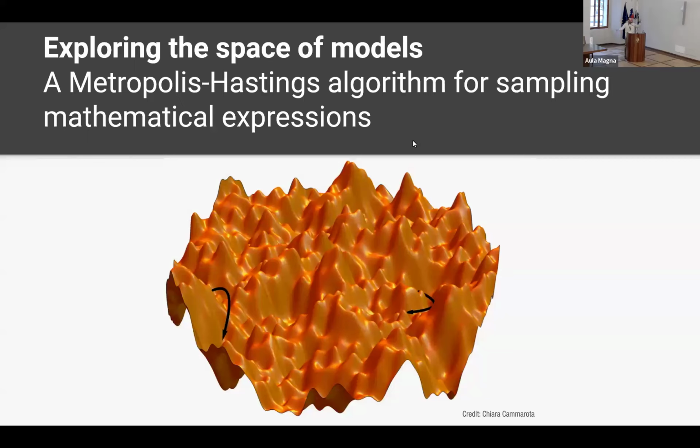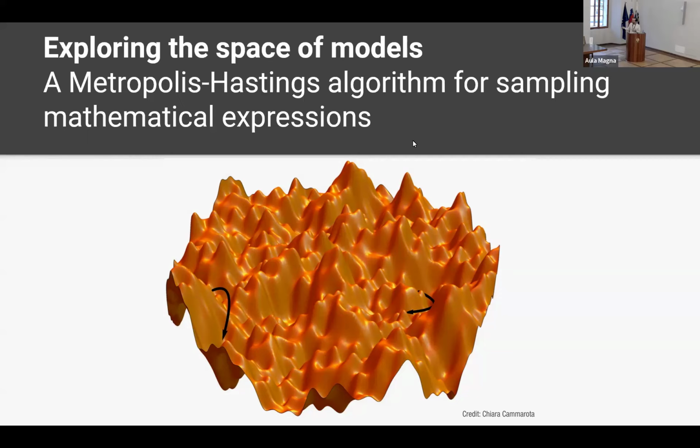If you give me an expression and some data, I can calculate the energy, the description length, of that model. Then I can try a different model and apply the Metropolis algorithm, which is what physicists, and also computer scientists, use when they want to explore an energy landscape like this. Typically in physics you have different configurations of your system, and you want to calculate thermodynamic properties.